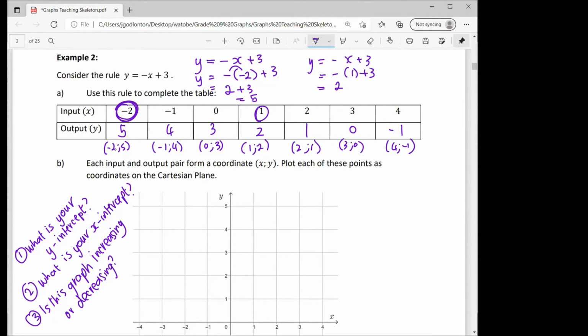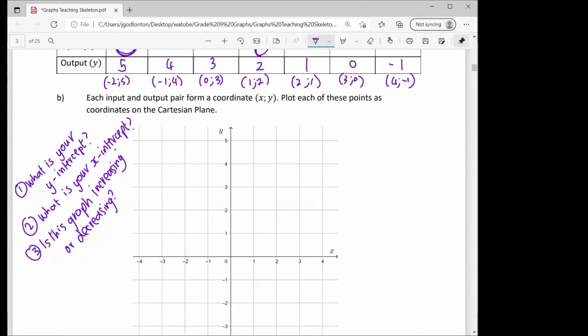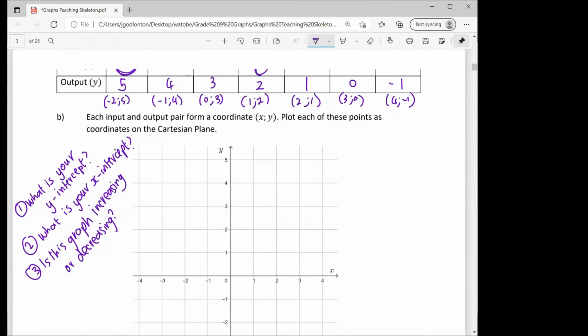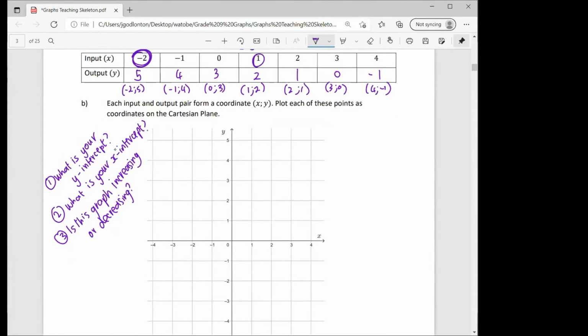Ma'am, can I ask, where do I put the dot if the number is 0? Yeah, that's a good question. So are we looking at this one over here? I'm assuming. So our x value is 0. So we're going to find 0 on our x-axis, and that takes us here.